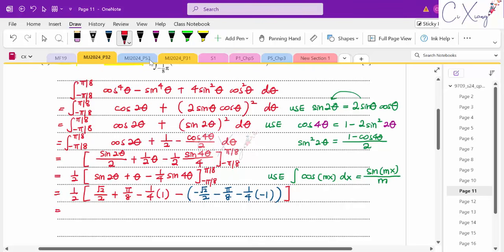So now I try to simplify everything very carefully. I'm having square root 2 over 2, then pi over 8 minus 1 over 4 plus square root 2 over 2 again plus pi over 8. Then minus minus is a plus. Plus minus is minus again 1 over 4.